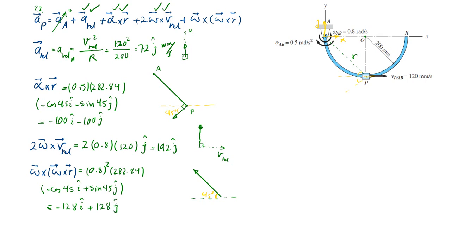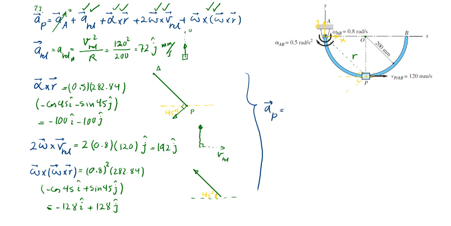So, knowing all these, we can just put them together and find AP, because for omega cross omega cross R, we also know the magnitude and direction. So AP would be the summation of these terms.